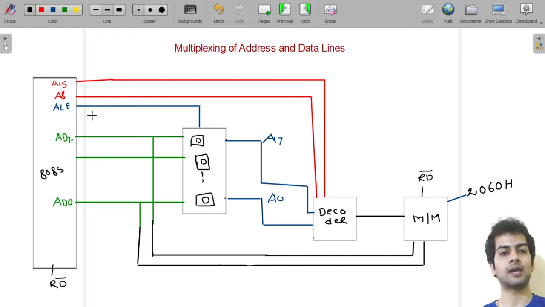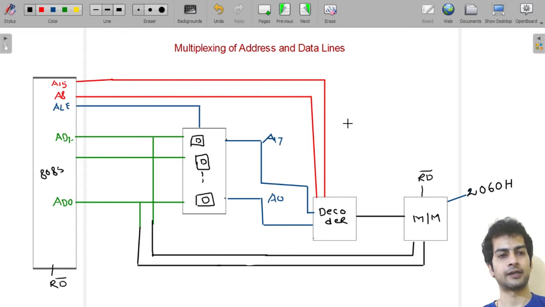So basically the aim of the microprocessor is reading data from the memory location having address 2060H. This is the final aim of the microprocessor. We are just taking an example so that we can see how the microprocessor actually works, and how multiplexing is done between address and data lines.